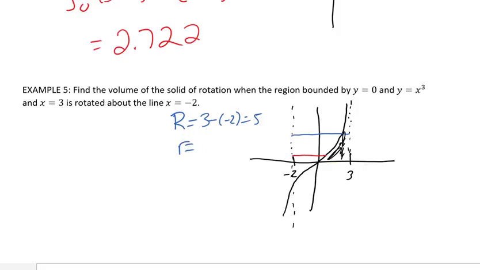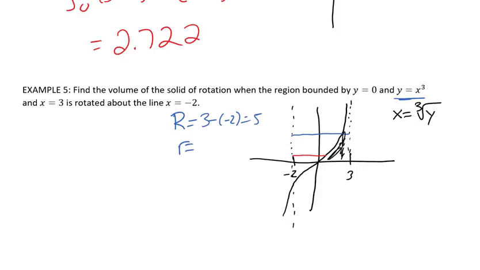is from the function, but we have to have it in terms of y. We can't just use x. We have to solve this equation for x. So x would equal the cube root of y, because we're rotating around a vertical axis, we need to solve for x here.